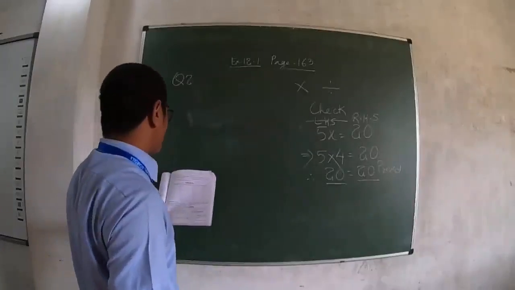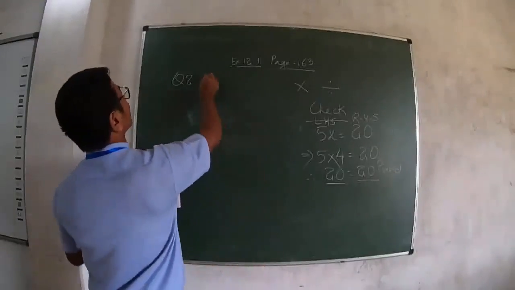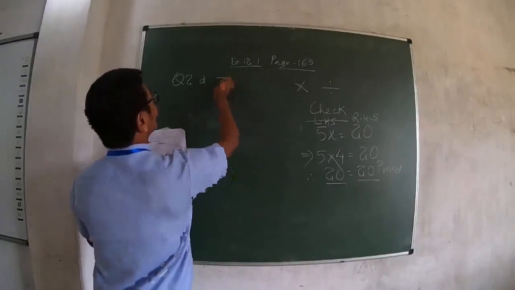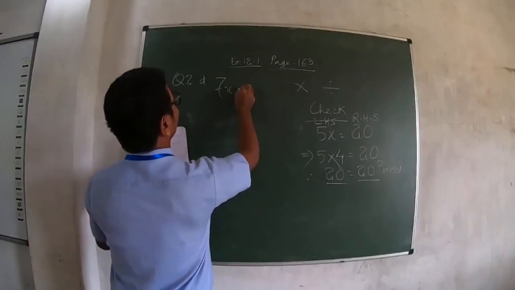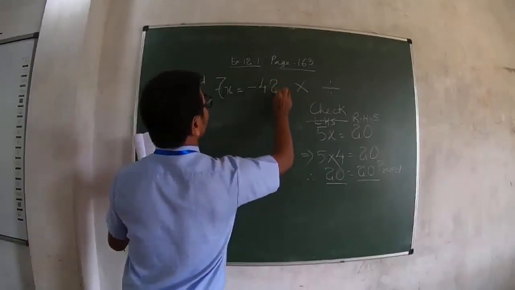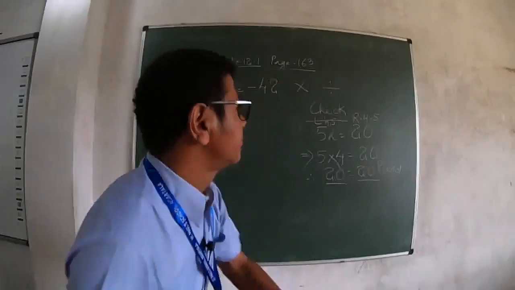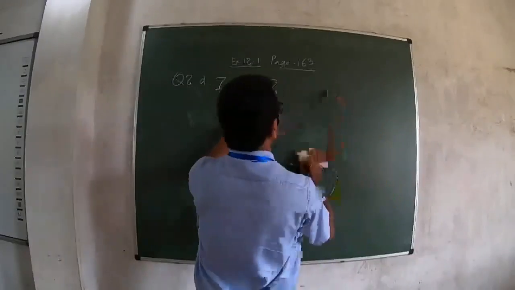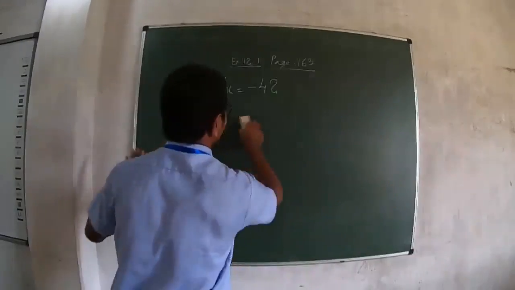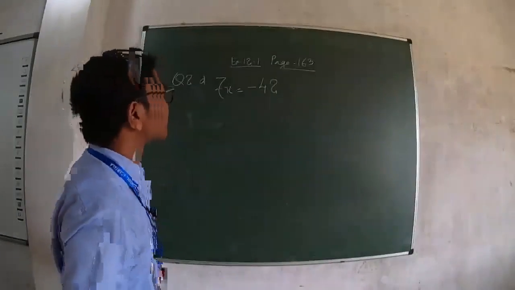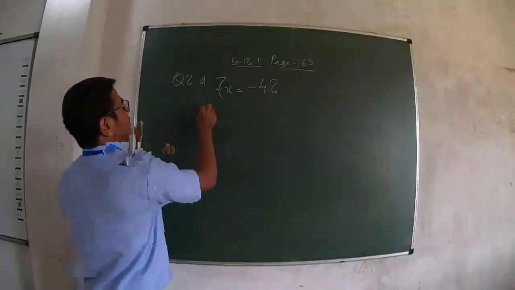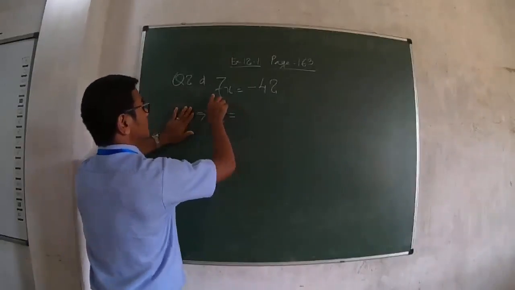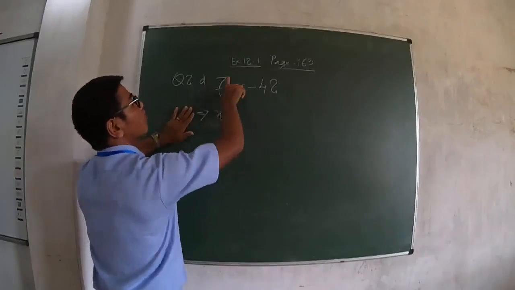Let's do question 2D. Question 2D, 7x equals to minus 42. Don't get confused with the sign. Nothing to fear with such minus. It is simple. This is multiply, so it moves to the right.